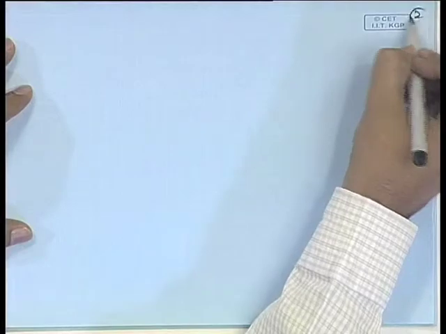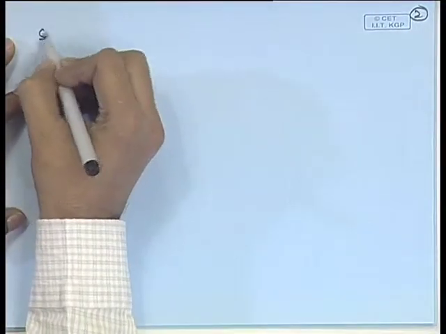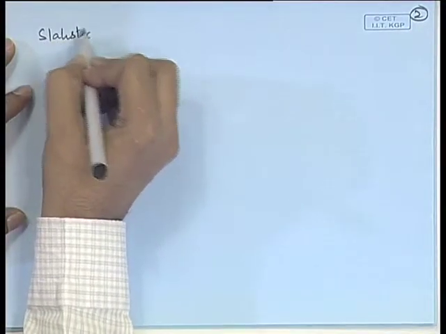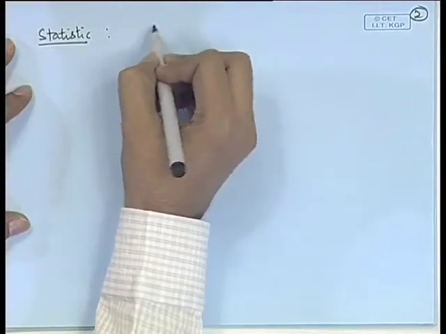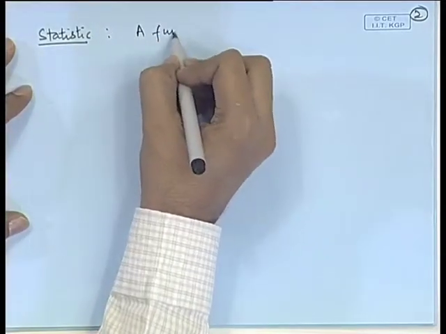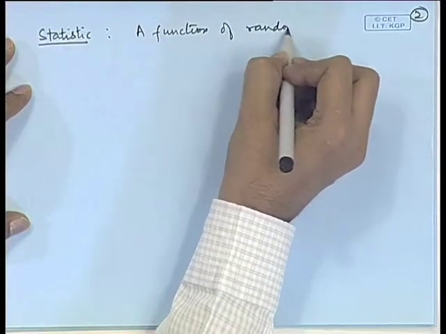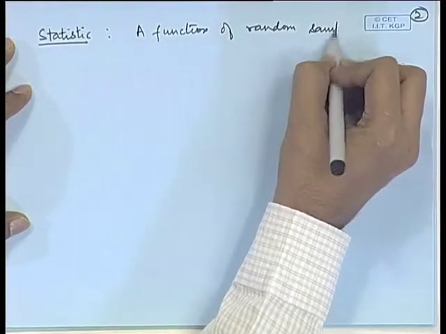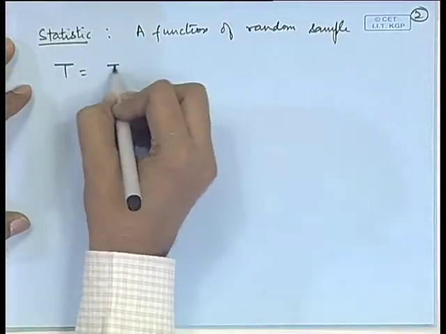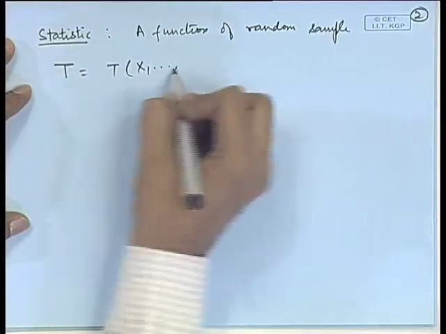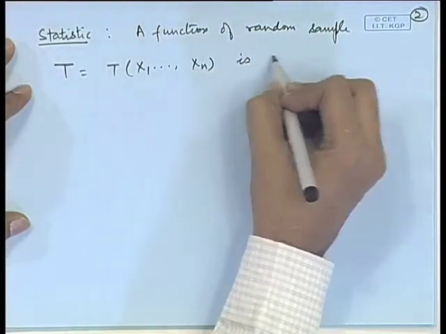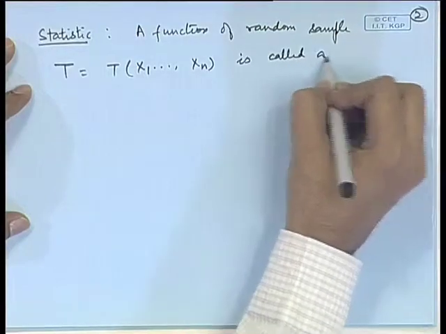Any characteristic of the sample, we call a statistic. So, a function of the random sample, let us say T, that is T(X1, X2, ..., Xn), is called a statistic.